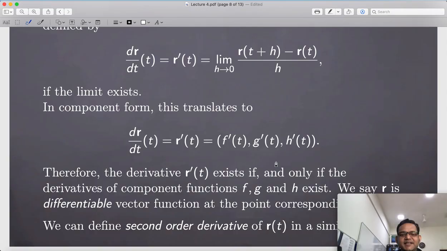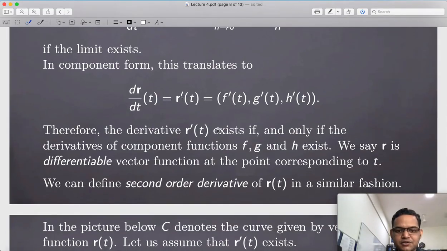Again, it's not anything new in terms of concept, because everything is defined in terms of known things: f prime, g prime and h prime, which are the usual derivatives of functions from R to R, isn't it?